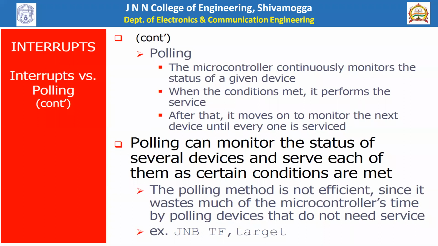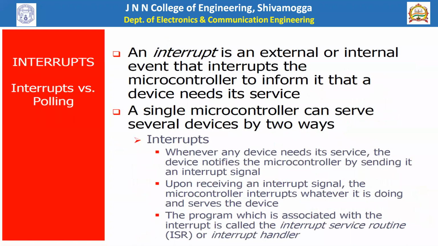Another way is polling. The microcontroller continuously polls the status of the device. When the condition is met, it performs the service. After that, it moves on to monitor the next device until everyone is serviced. So this is the second method. The first method is that whenever the device needs service, it notifies the microcontroller by sending a signal called the interrupt signal.